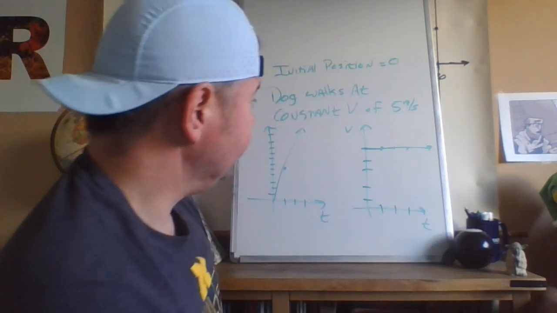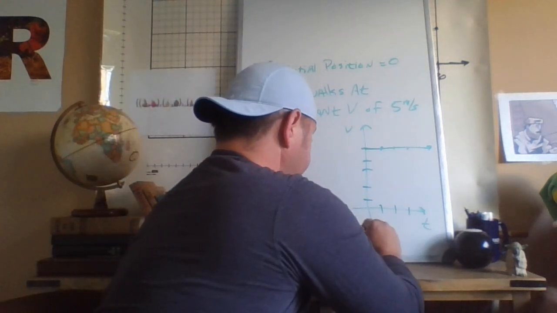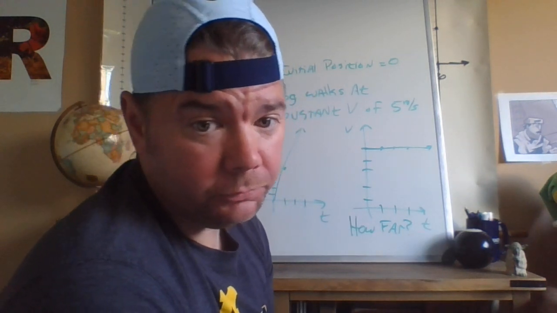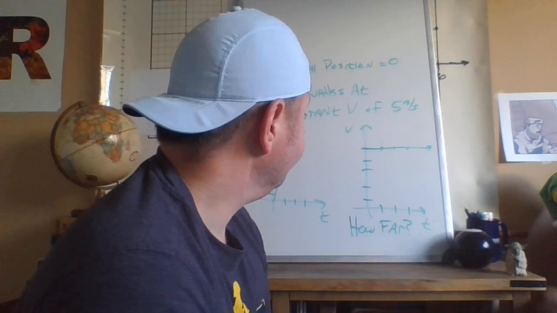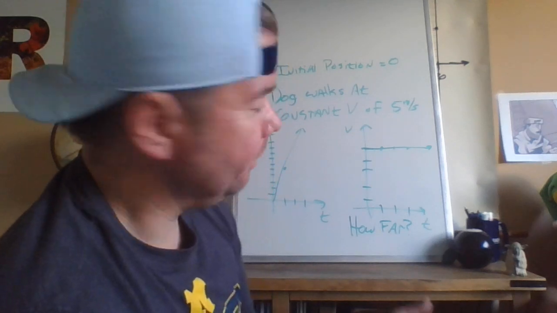Here's what's really useful about these velocity time graphs. If you want to know how far, or what the displacement was, of this dog after 3 seconds, you could probably do that in your head.